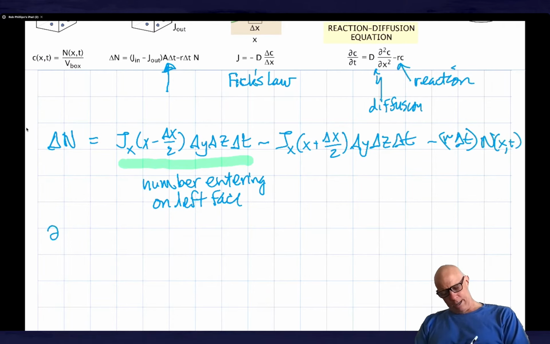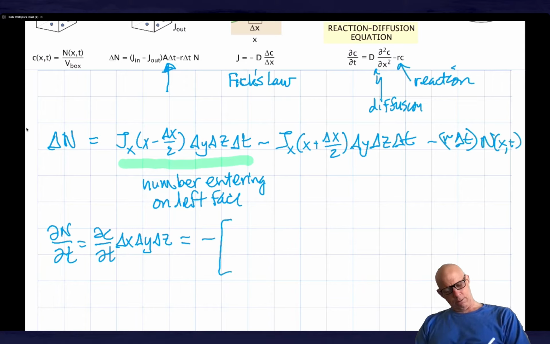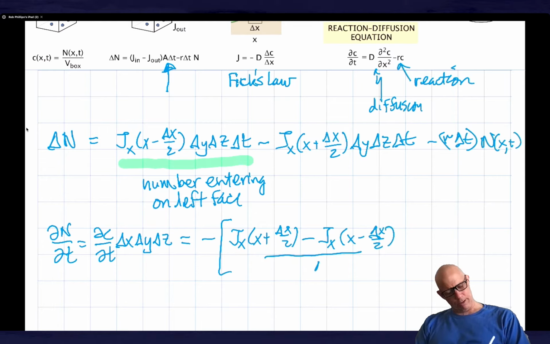I can rewrite this as dn dt, which is the same as dc by dt, delta x, delta y, delta z. Then I can reorganize, a la my usual comments about the Michelangelo statues, where this thing wants to be a derivative, and so we're going to let it become a derivative. So this ends up being delta x, delta y, delta z.